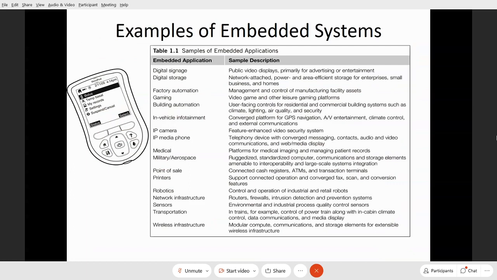Even in aviation, for example, in the Airbus A380, it has about 5,000 different systems running when it is airborne, meaning when it is taking you from point A to point B. So it has about 5,000 embedded systems running.